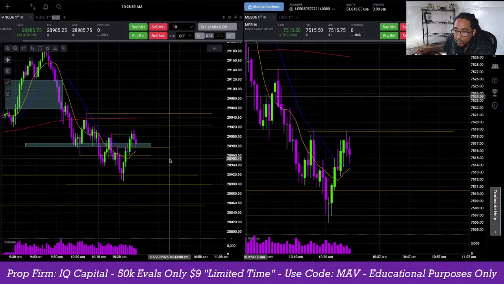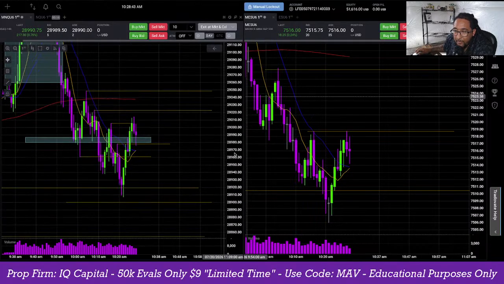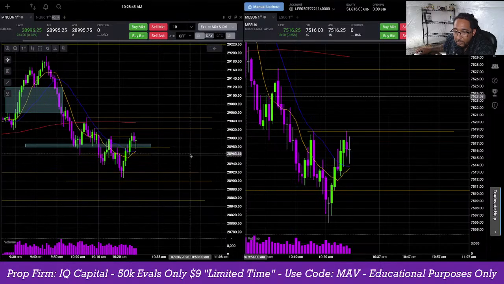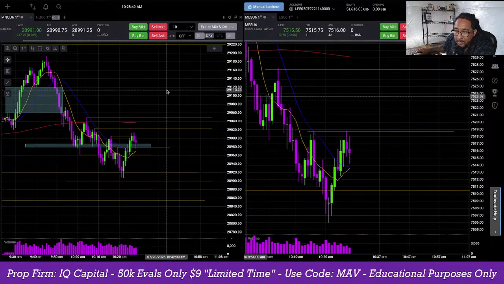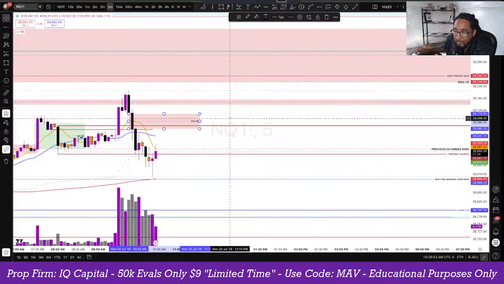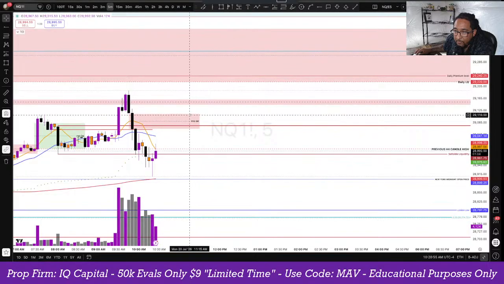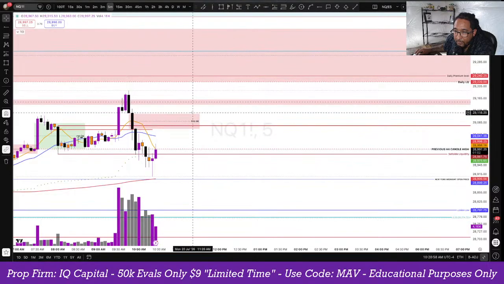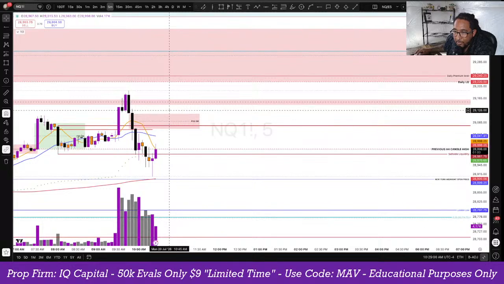And when I say core strategy, I use ICT, fair value gap inversion. So I like to invert fair value gaps, usually on the higher time frames, the 15 hourly, and then I'll use the 5-minute. So we invert this 5-minute bearish fair value gap with a body close above it.